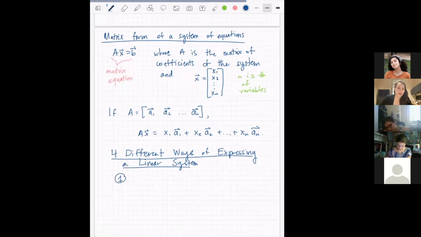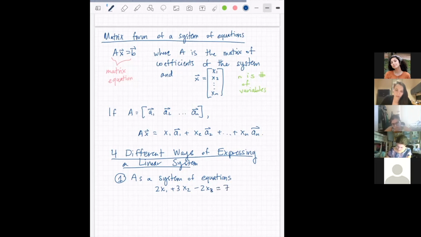First of all, we can write it as a system of equations just regularly. So this is what we started off looking at. Things like 2x1 plus 3x2 minus 2x3 equals 7. And then another equation, say x1 minus x2 minus 3x3 equals 5.